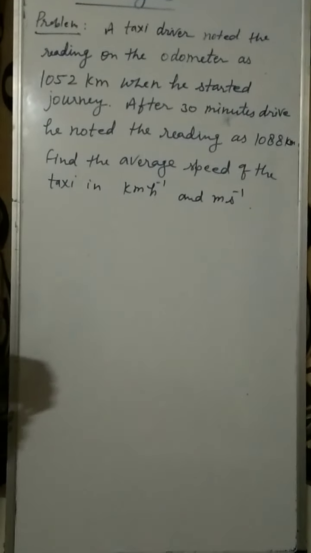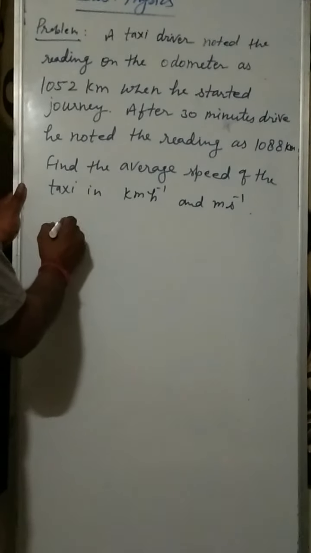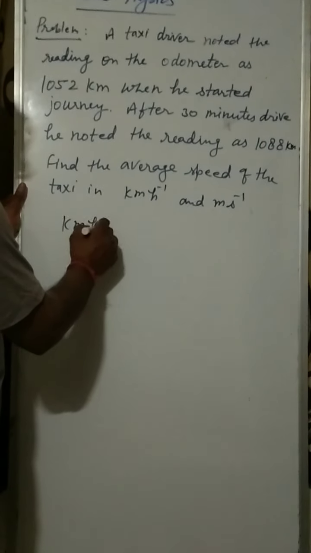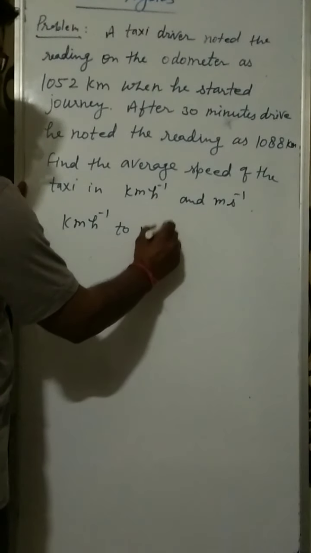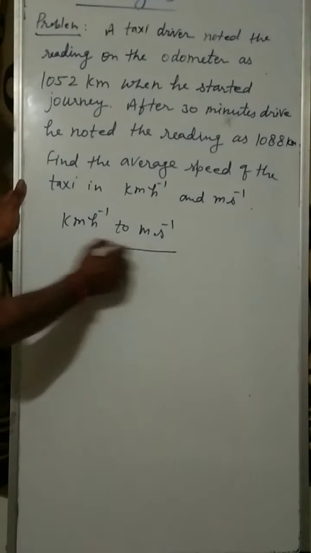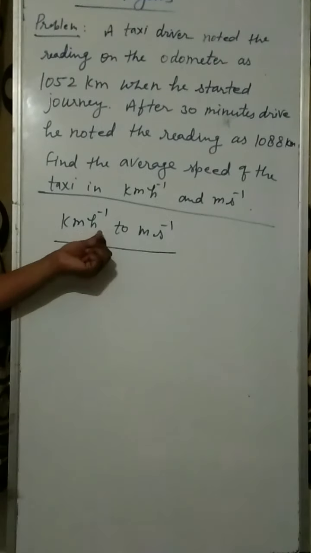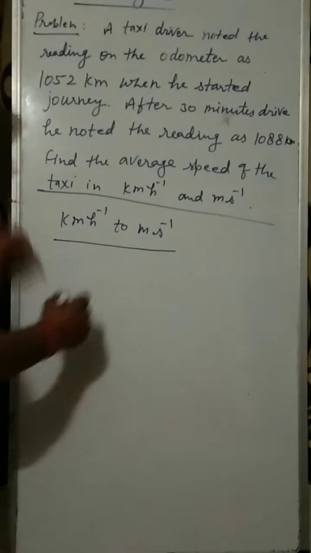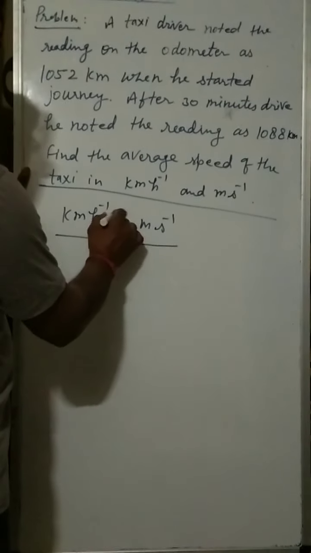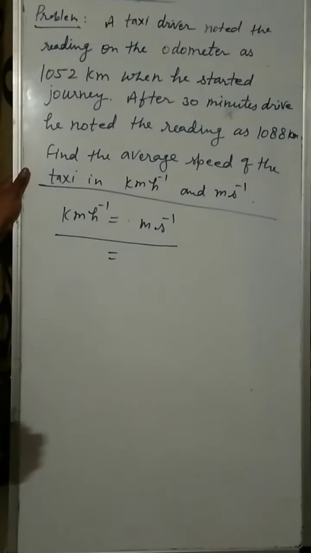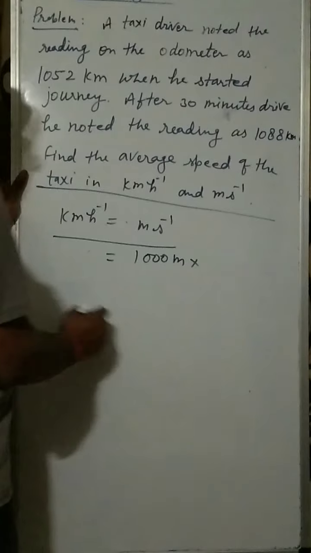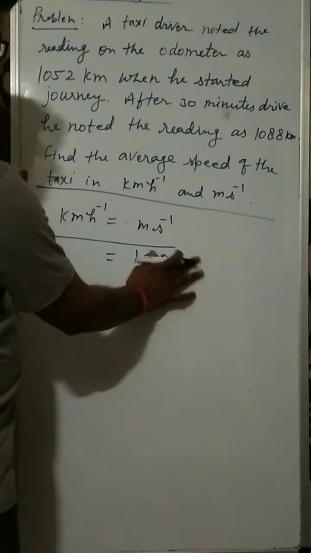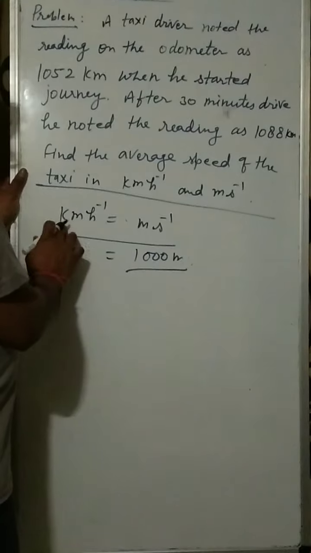There is a very simple way, I am telling you how you find meter per second. How can we convert kilometer hour inverse 1 to meter second inverse 1? So listen. 1 kilometer is equal to 1000 meter, upon hour.